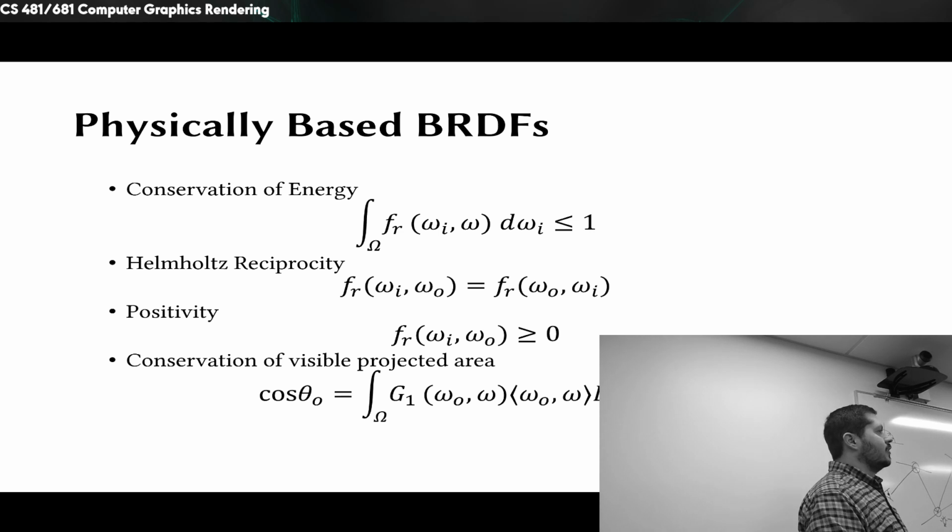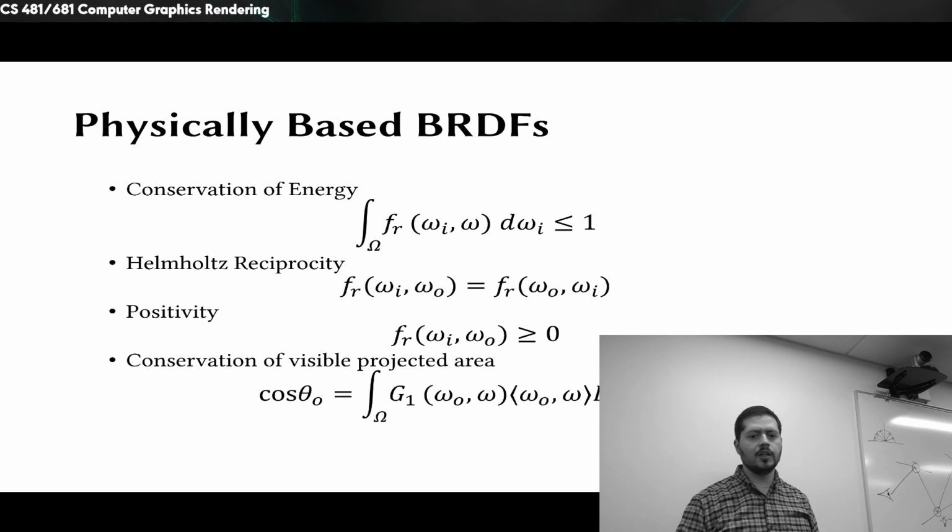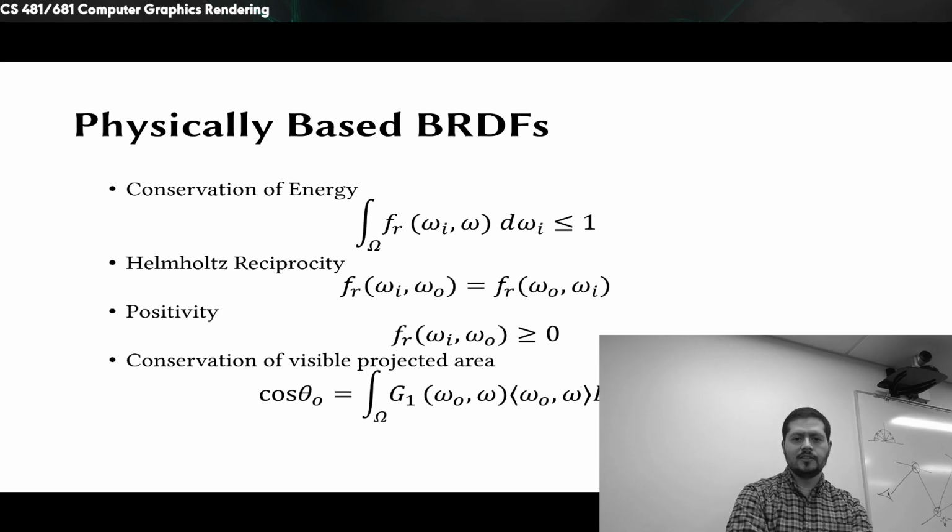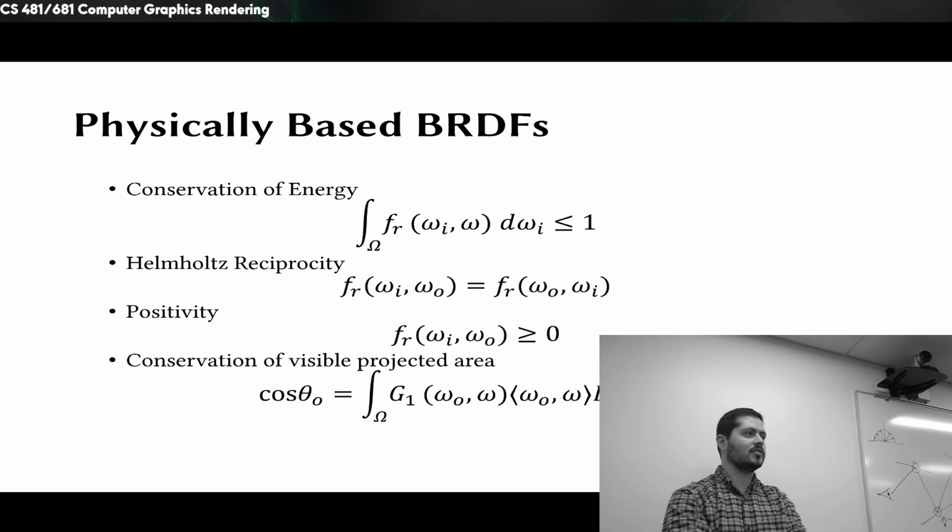Okay, so we have this idea of how much light is reflected, and there are a few laws that it has to obey. The first one is conservation of energy. It means you cannot reflect more light than comes in. It's almost like a checklist that you can apply to different BRDF models to determine whether or not they are actually physically based.